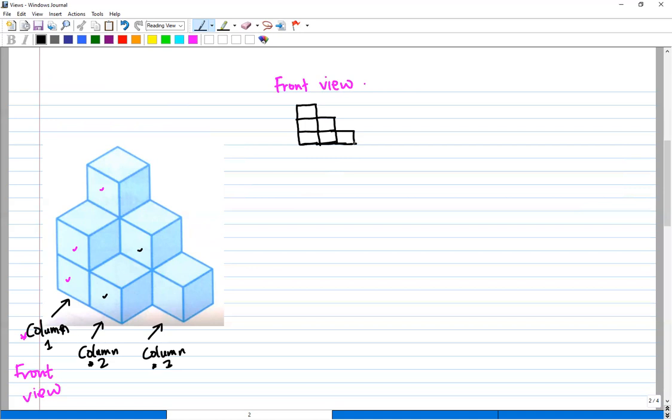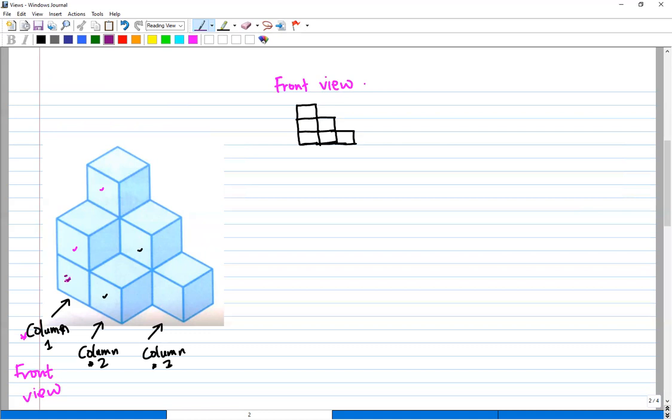Okay, now we get back to column 1. Column 1 and level 1 has got 2 cubes. You can see this part, but behind it, we have the other cube.